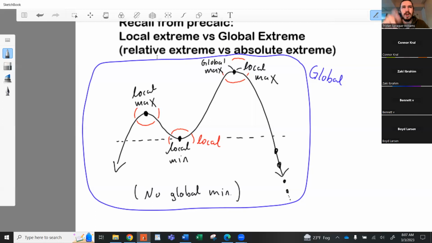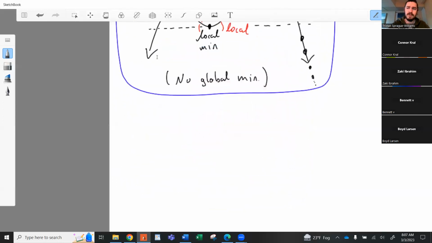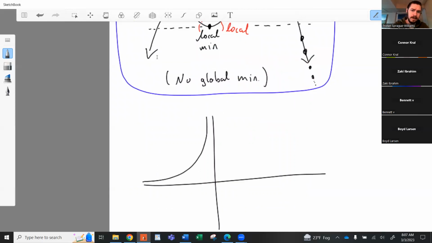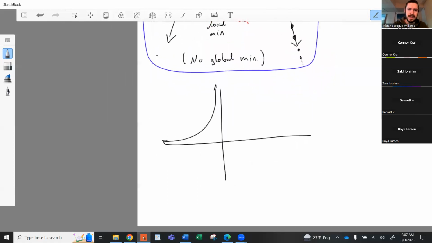So the global or absolute maximum and minimum are things that may or may not exist. Same actually with relative or local maximums and minimums. You might have a graph that has none of those. So take, for example, the graph of 1 over x. Well, actually, I guess I'm drawing negative 1 over x. This is y equals negative 1 over x. It doesn't matter.